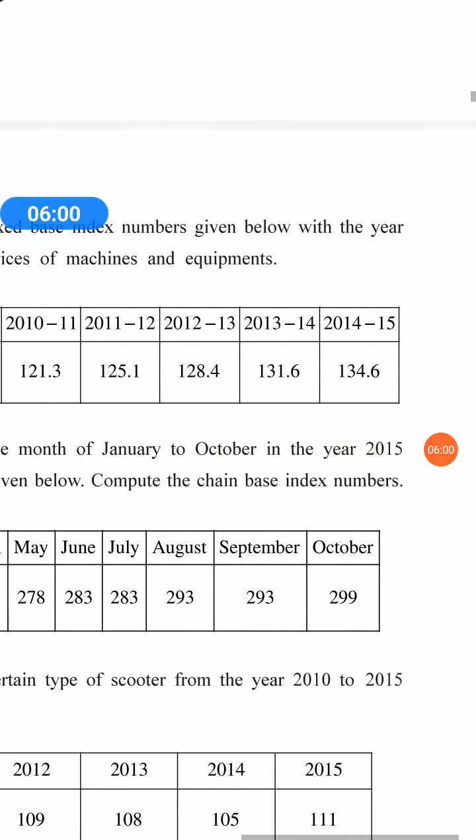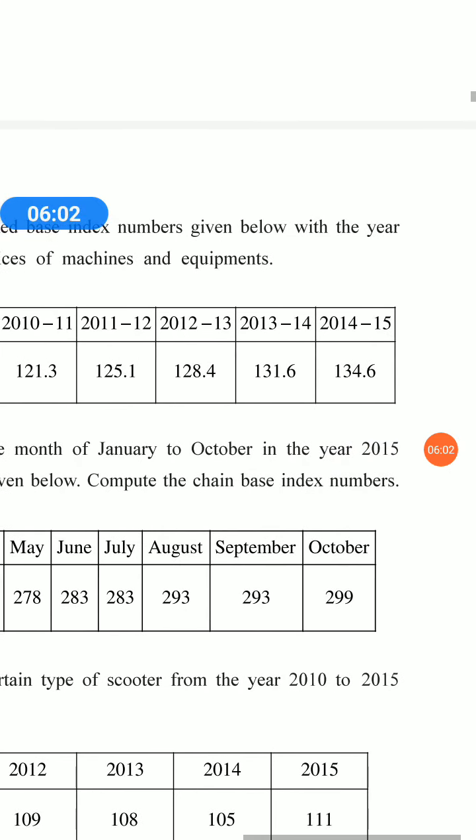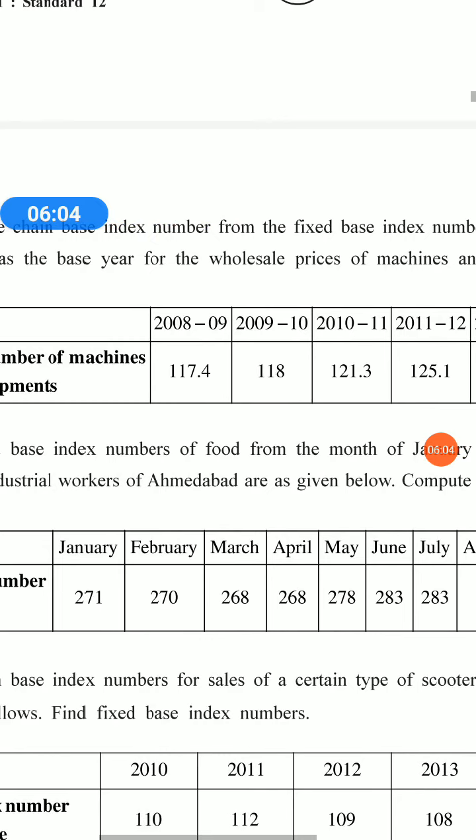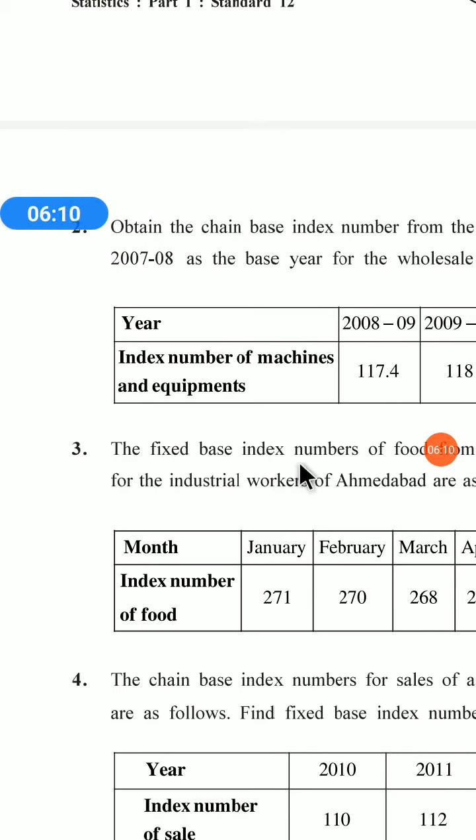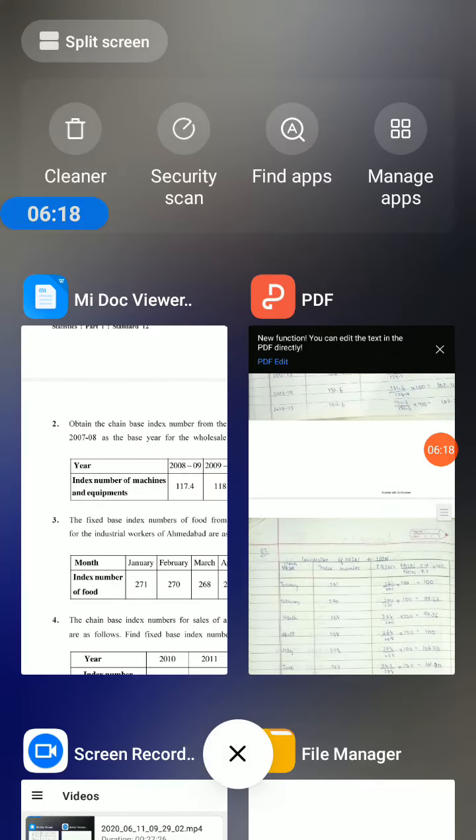Compute the chain base index number. It means the same as question number 2. First of all, we have to make a table. There are 3 columns in the table. First is month, second is index number, and third is the conversion to chain base index number. Let's see the answer.